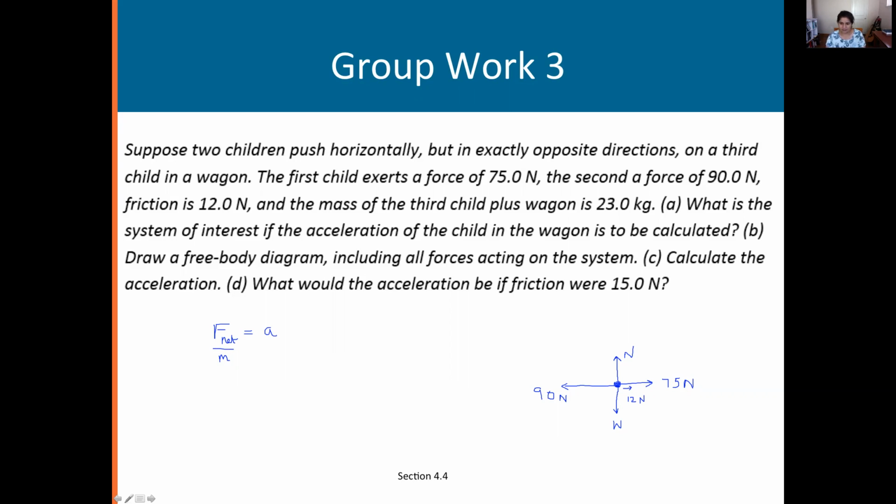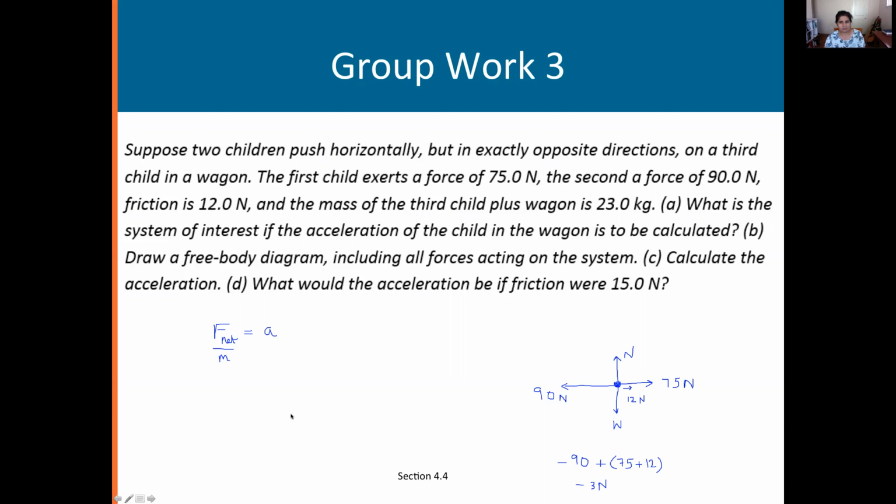We have 90 to the left, so that means negative 90, and we have positive 75 and 12. See how I'm doing the algebraic addition. I took the negative sign because this is to the left. So this becomes negative 87 plus... I'm going to get a negative 3 newtons as my net force to the left.